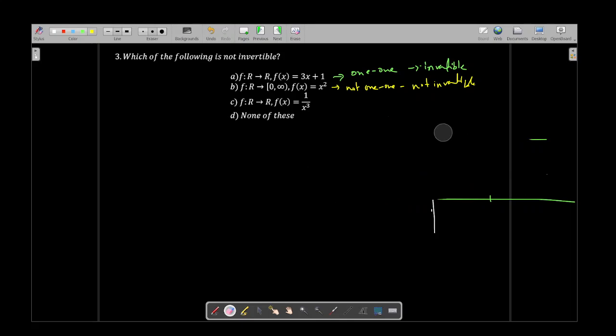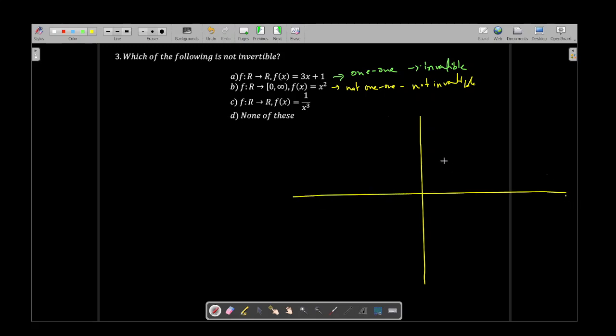1 by x cube. If you put x equal to 0, it starts from infinity. If you increase x, it will go to 0, because 1 by infinity will be 0.